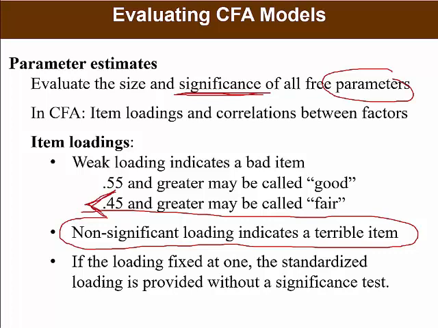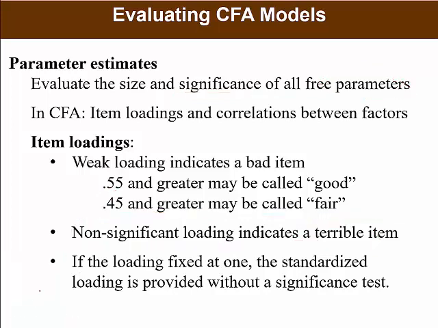Usually when you're doing confirmatory factor analysis, the loadings are big, and your sample sizes should also be big, and put together, it's very rare to get a non-significant loading. But if you ever do get a non-significant loading, that's a really bad item. That's worse than worse. That's a terrible item. So loadings should be at least significant, but more importantly, we want to look at the size of the loading, and ideally get loadings of 0.55 or greater.